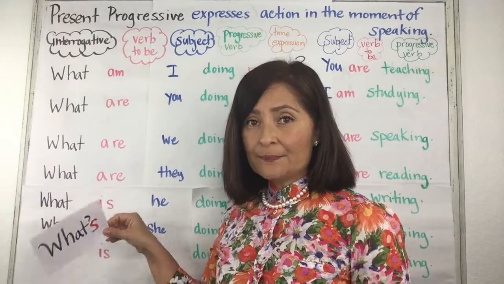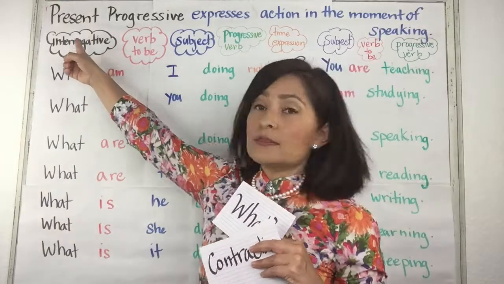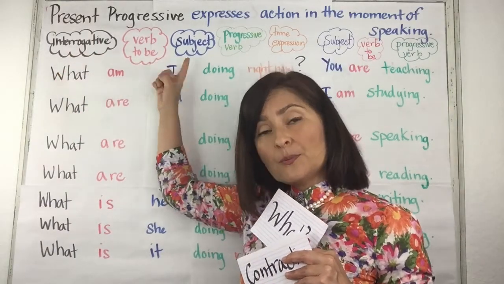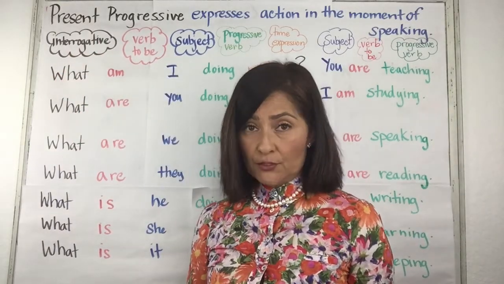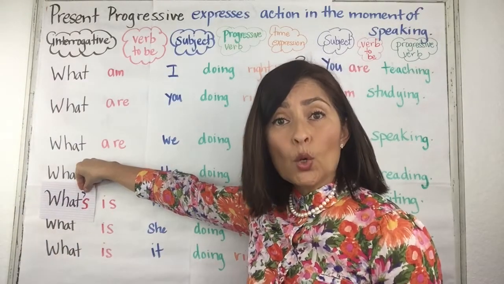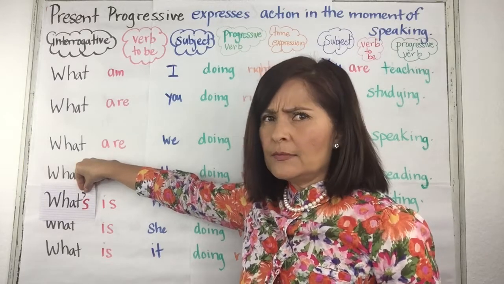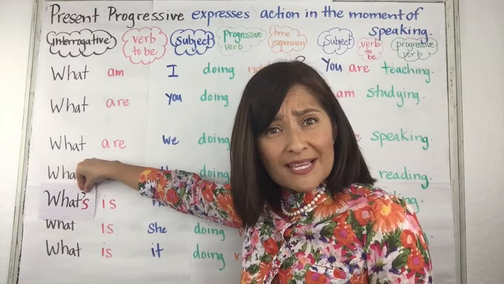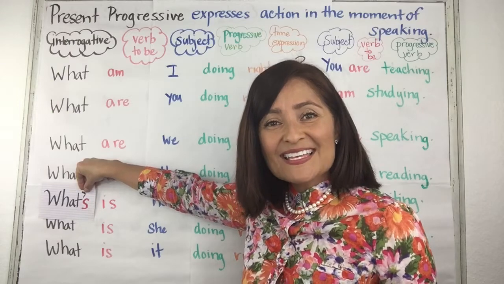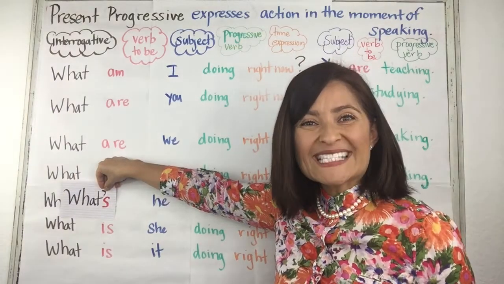Because the two words are an interrogative and the verb to be, you do not have to use the verb to be again. This would be incorrect: what's is? No, that's saying the verb to be twice. You don't need to do that. It's just what's.